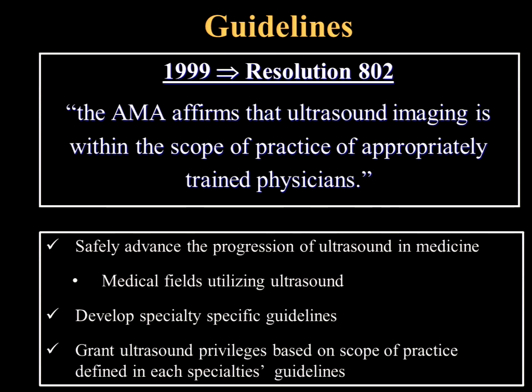As you know, there's already specialty-specific guidelines for ultrasound-guided regional anesthesia. And these are to grant ultrasound privileges based on scope of practice defined in each specialty's guideline. So that's what the AMA had defined, why these guidelines should be developed.